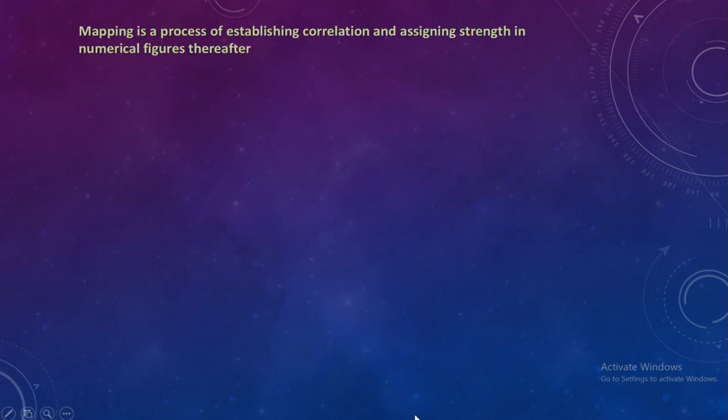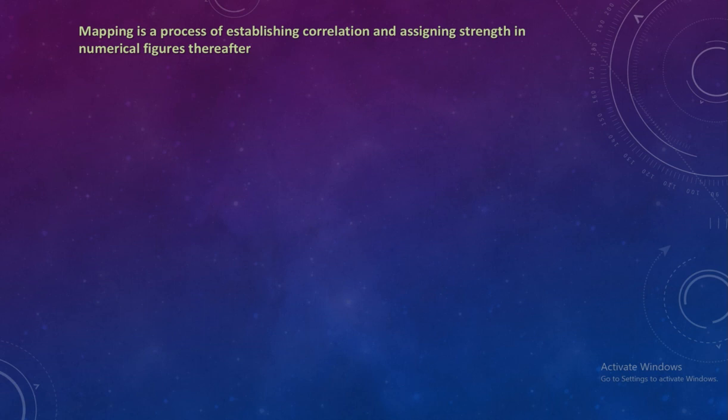Now, to begin with the mapping process, it is very simple to understand. Mapping is a process of establishing correlation and assigning strength in numerical figures thereafter. So we shall learn this in two stages.